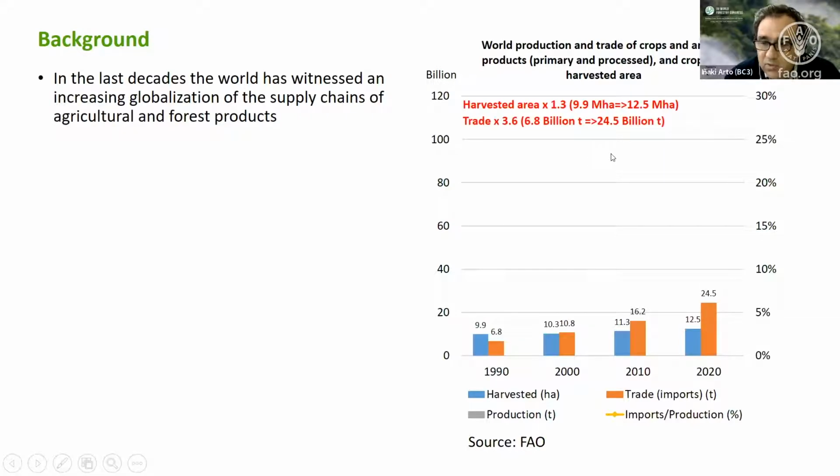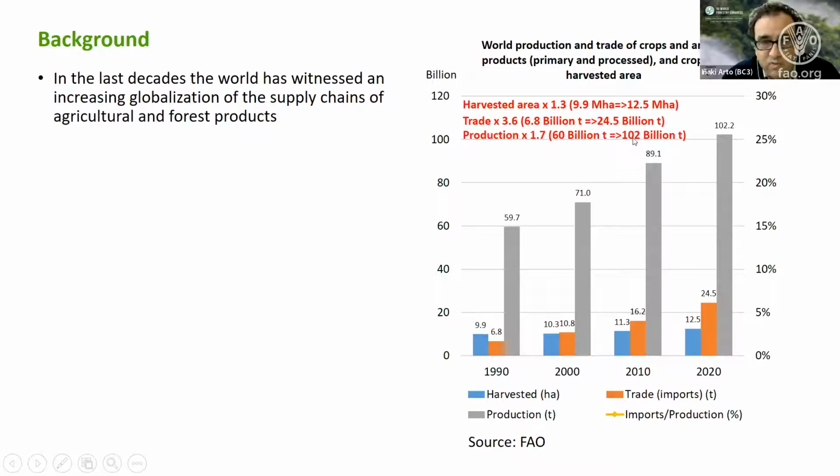The volume of agricultural and forest products embodied in trade has passed from 6.8 billion tons to 24.5 billion tons. This is a huge increase, for instance, if we compare with the area harvested or even with the production that has increased by a factor of 1.7, from 60 billion to 102 billion tons.